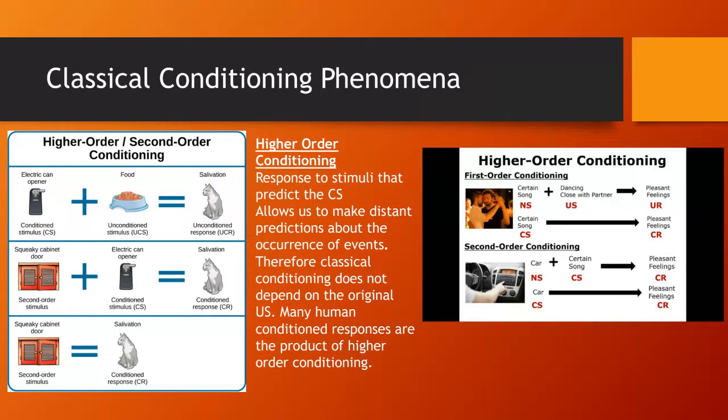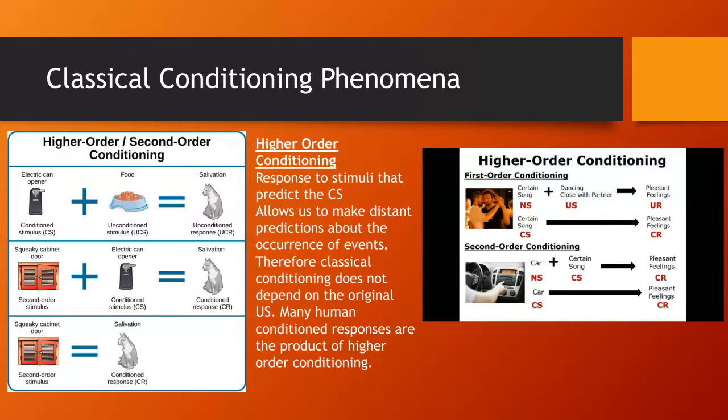So the cat on the right is salivating to the unconditioned stimulus of the food, and it's conditioned to the sound of the can opener. So now it associates the sound of opening the can with supper. But the can opener comes out of a cupboard, and the cupboard door squeaks. So now the can opener is the conditioned stimulus, and the cat salivates to the squeaky door.